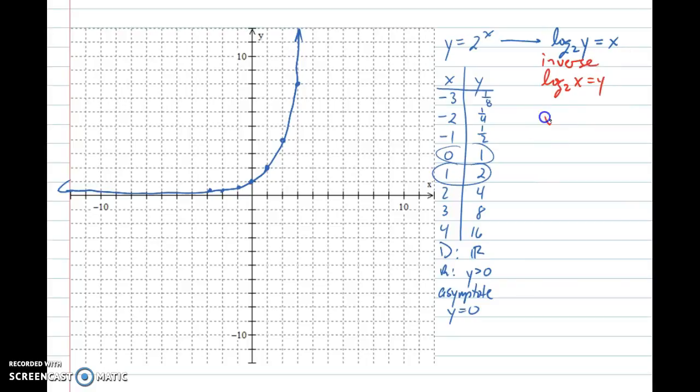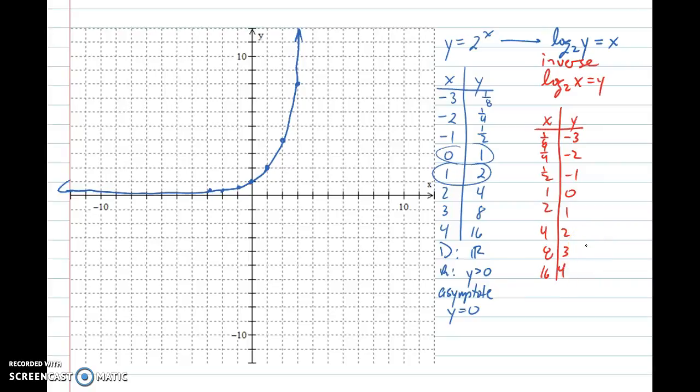And if we make a table of values for this one, remember when we do an inverse, that just switches the x and y values. So 1/8 comma -3 becomes a point on this graph. And since -2, 1/4 is a point on the original, 1/4 comma -2, 1/2 comma -1, 1, 0, 2, 1, 4, 2, 8, 3, and 16, 4.